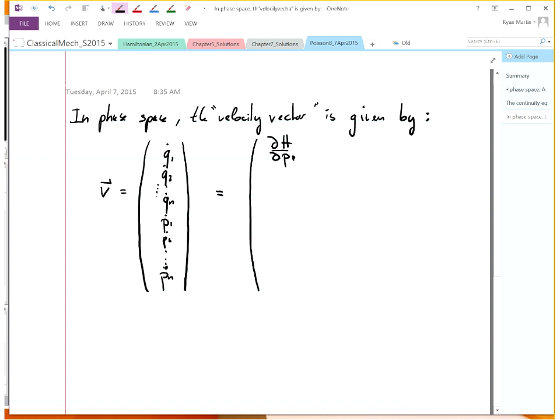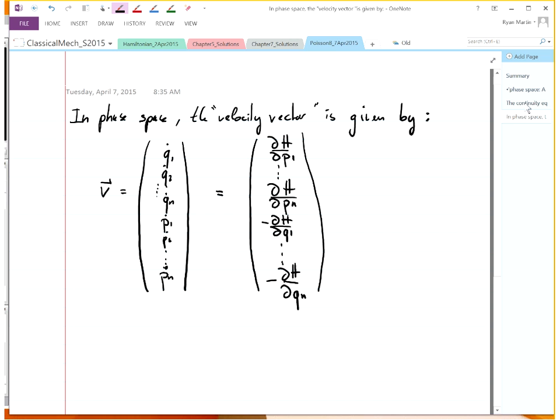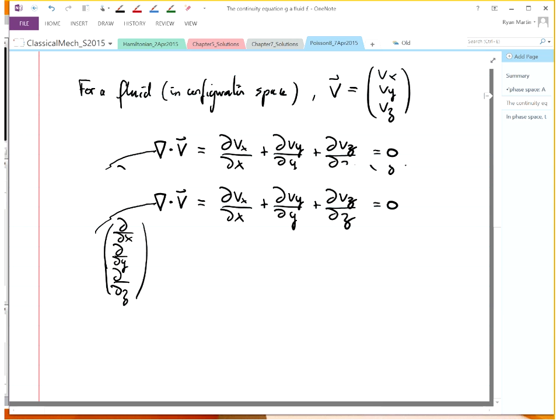So the first component, which is q1 dot, is ∂H/∂p1, all the way to ∂H/∂pn. Then p1 dot is actually minus ∂H/∂q1, all the way to minus ∂H/∂qn. So those are the components of my velocity vector.